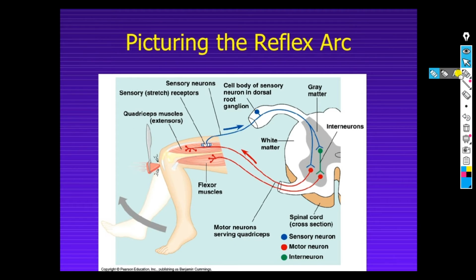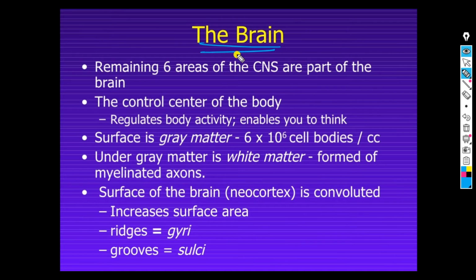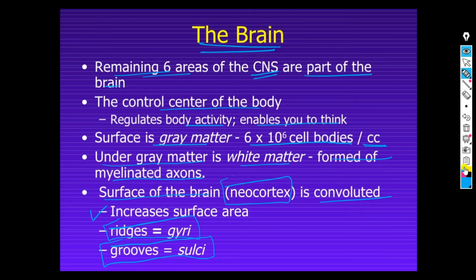The brain. The remaining six areas of the central nervous system are part of the brain. It is the control center of the body, regulates body activity, and enables you to think. The surface is gray matter, with about 6 x 10^10 cells. Under the gray matter is white matter formed of myelinated axons. The surface of the brain, the neocortex, is convoluted, which increases surface area.